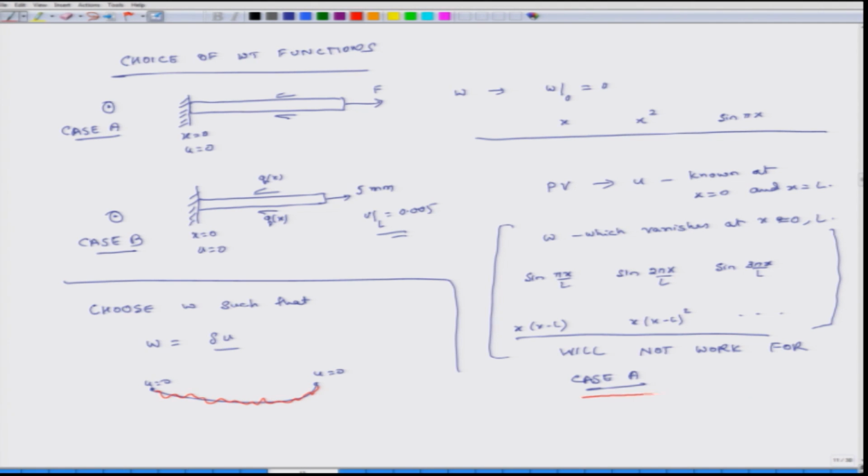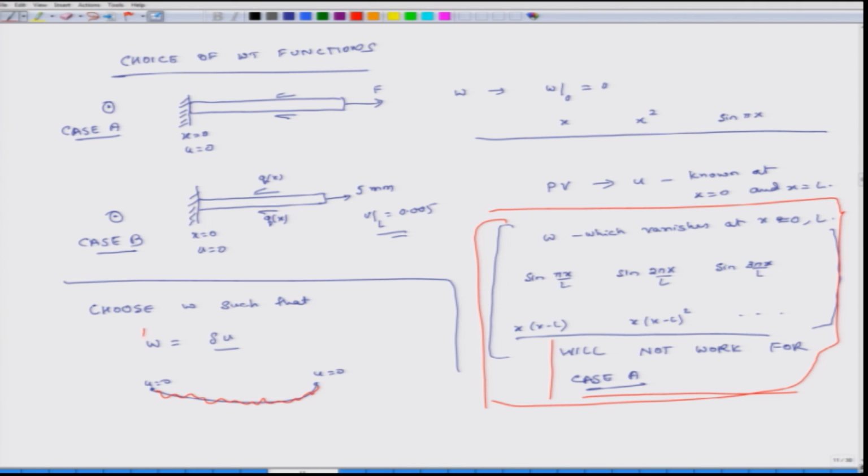So, if I choose these functions for case A, I will not truly represent the variation in u, because I will be specifying that variation at the other end of the rod is also 0.